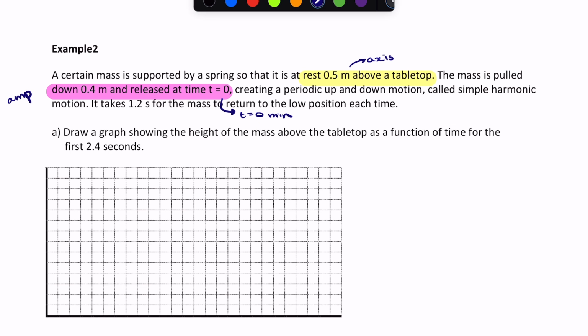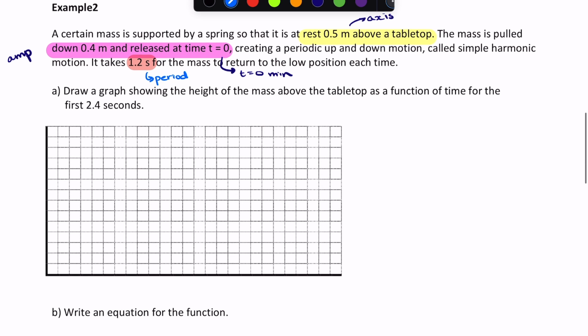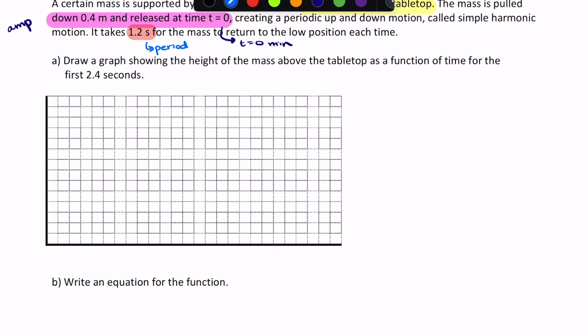It takes 1.2 seconds for the mass to return to its lowest position each time. So our 1.2 seconds will represent our period. Here it says again, draw the graph showing the height of the mass above the tabletop as a function of time for the first 2.4 seconds.